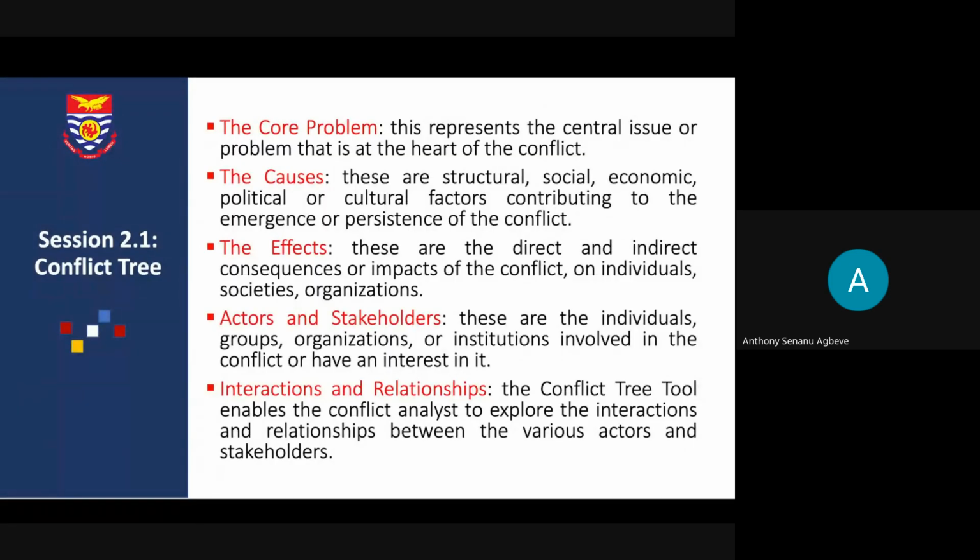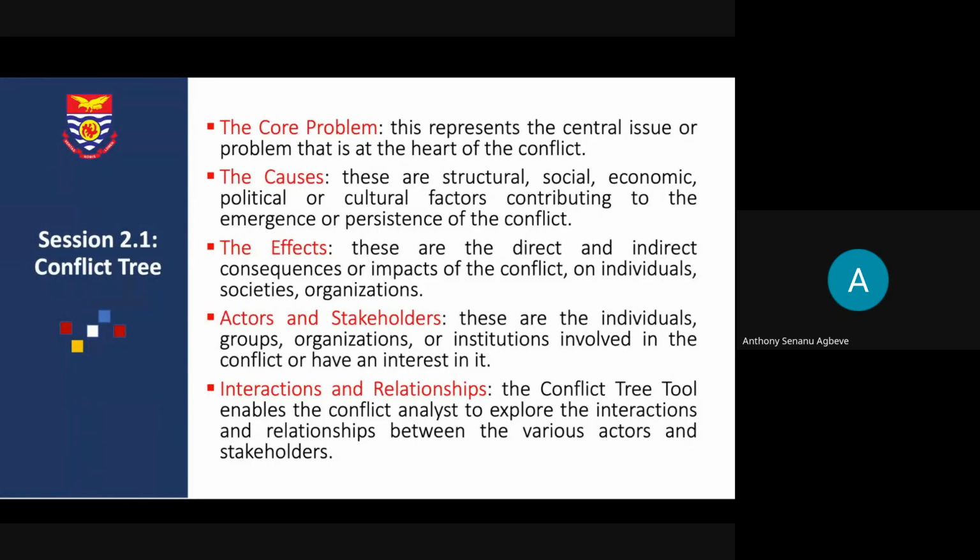Because let's not forget that last week we mentioned that actors have interests. So any party within a conflict, everybody has an interest, right? Once you want to analyze the conflict, you need to look at the actors and the stakeholders who are involved. What are the interests of the actors, right?